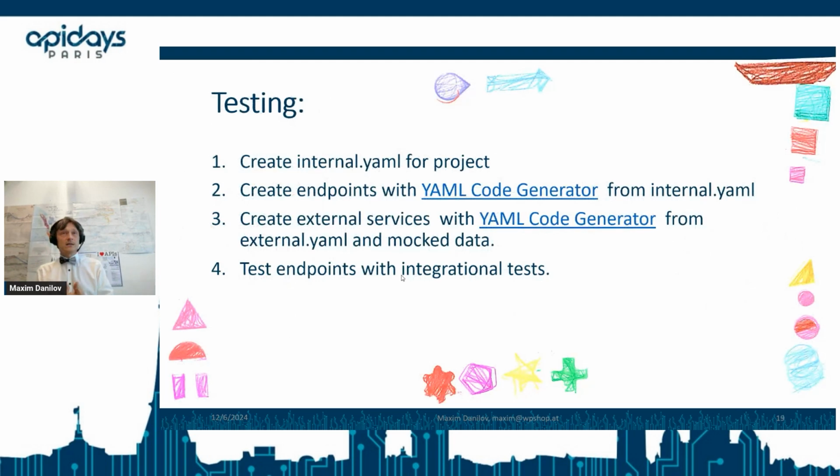And why do we also need a YAML file? Because if I create an internal YAML file for my project, I can use a YAML code generator to create endpoints from the internal YAML. And after that I can create external services, or emulate or mock external services with an external YAML file. And I can use the created endpoints with integration there.